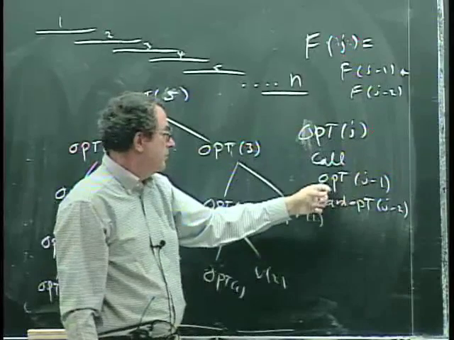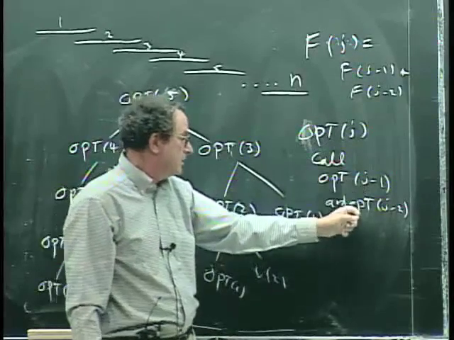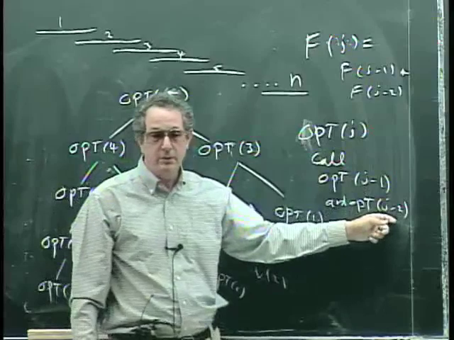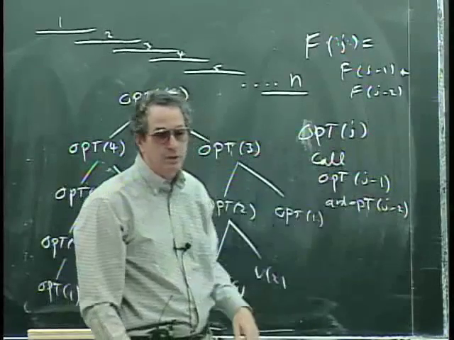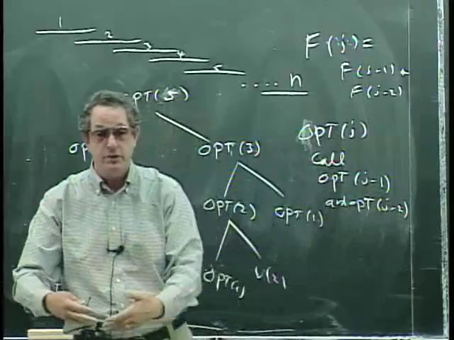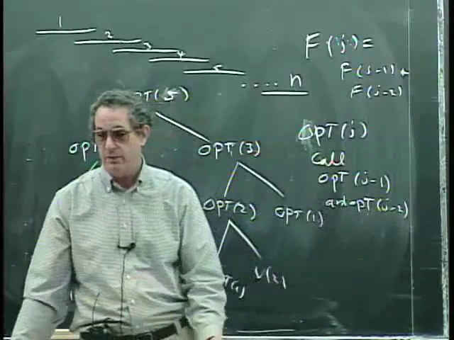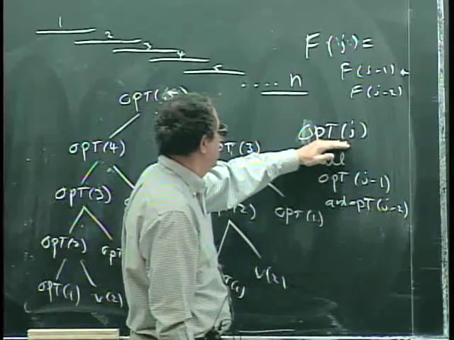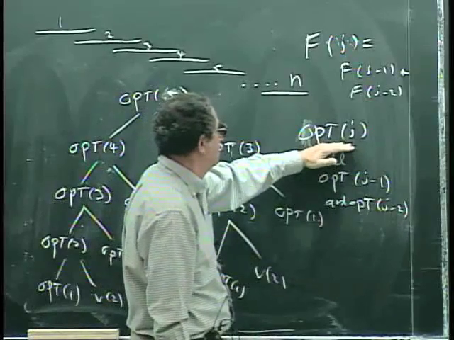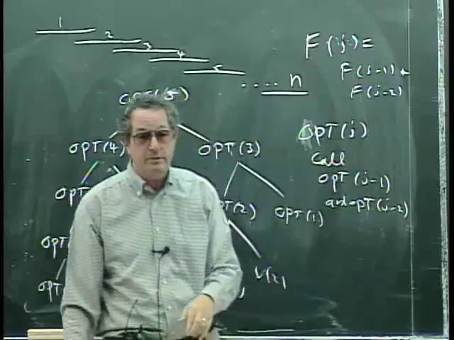Well, it's however many calls it takes to compute opt of j minus 1 plus however many calls it takes to compute opt of j minus 2. Because that's what's happening. When opt of j calls opt of j minus 1, that spawns additional calls, and opt of j minus 2 spawns additional calls. So the number of calls that it takes to compute opt of j is expressed by the Fibonacci series.